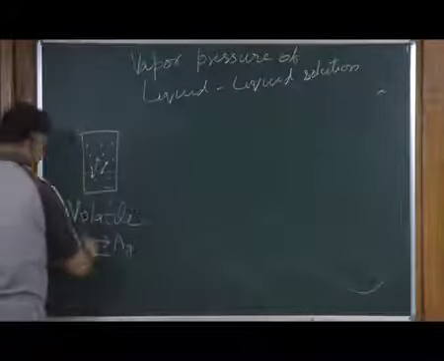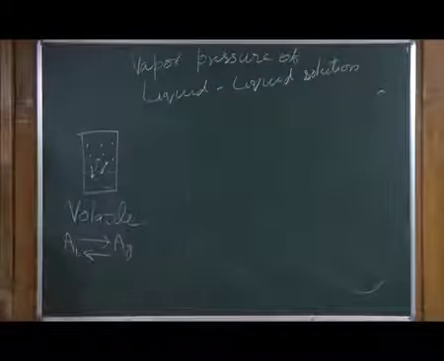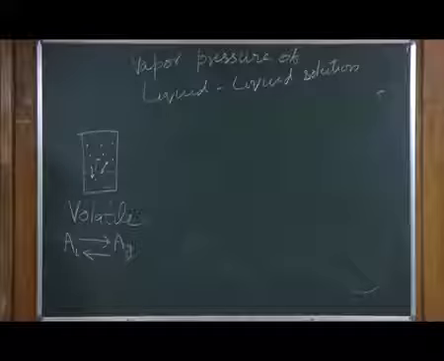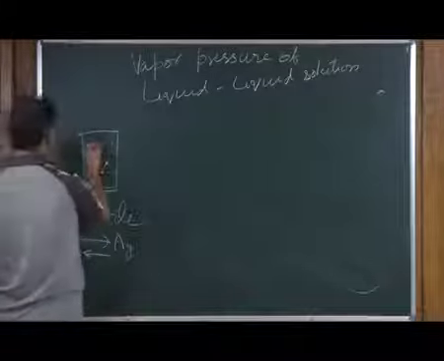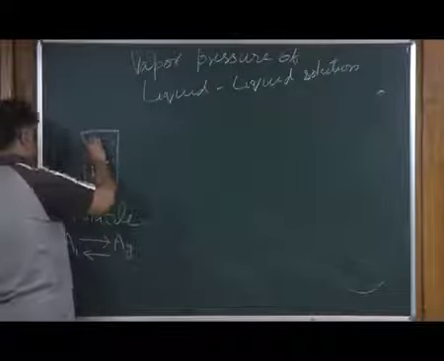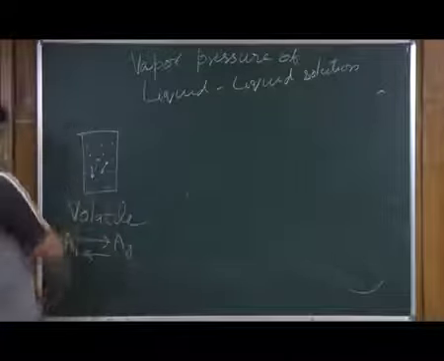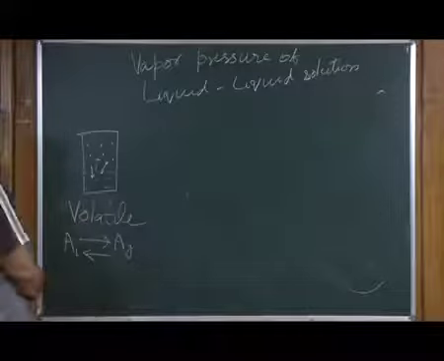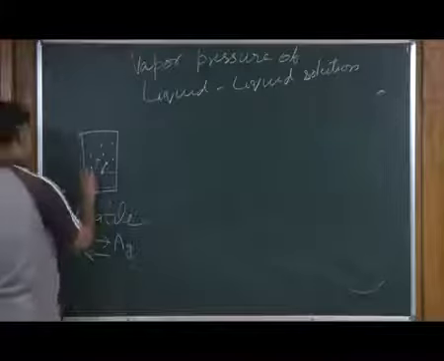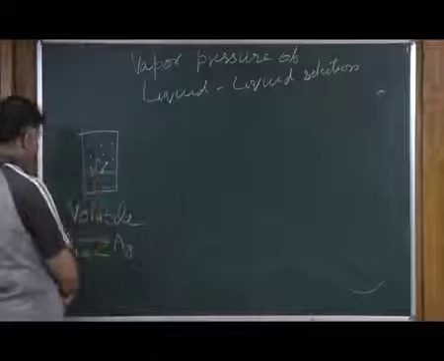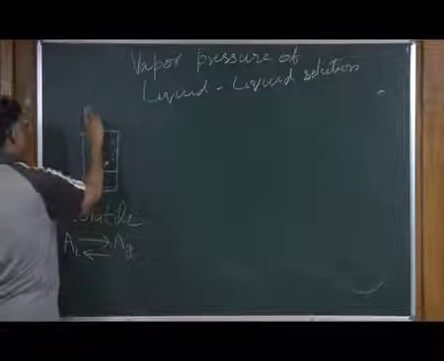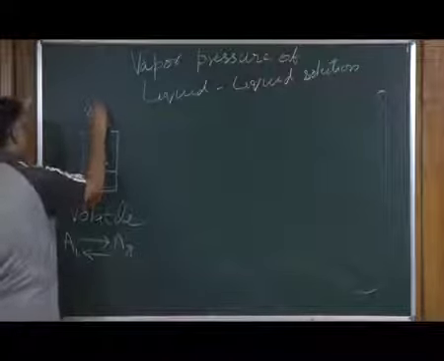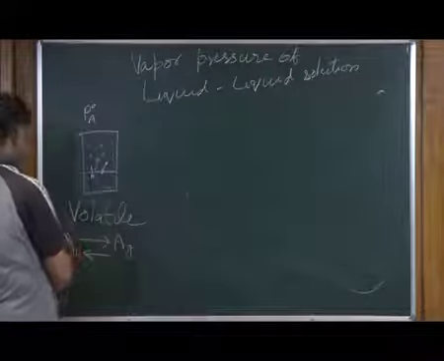There is a reaction going forward and a reaction coming backward, and there is a dynamic equilibrium. At equilibrium, the gaseous molecules of that same liquid A are going to exert some pressure on the surface, and that pressure is called the vapor pressure, and we put P_A^0 for this pure one.